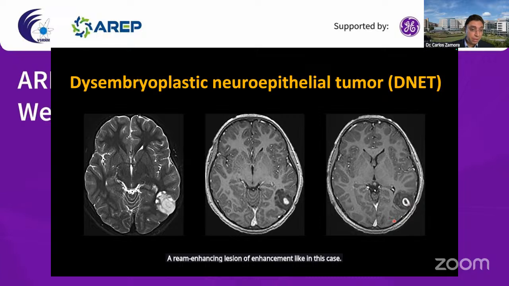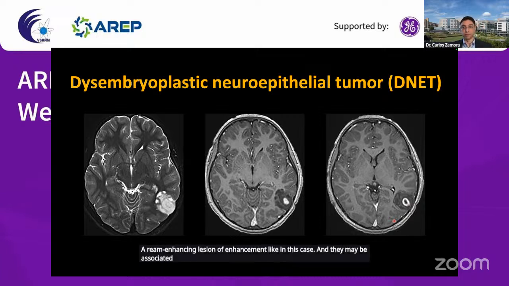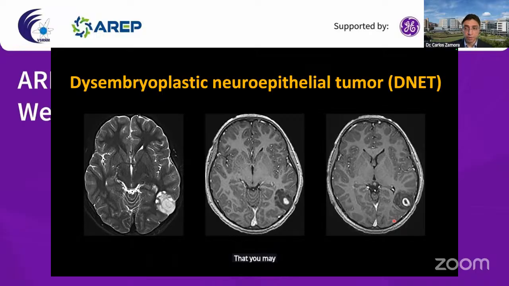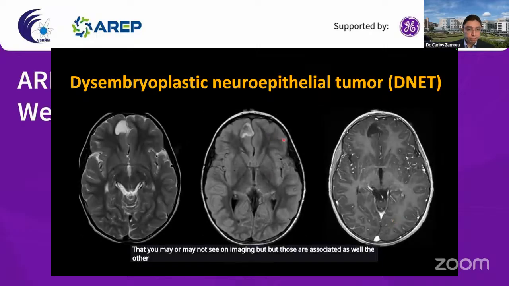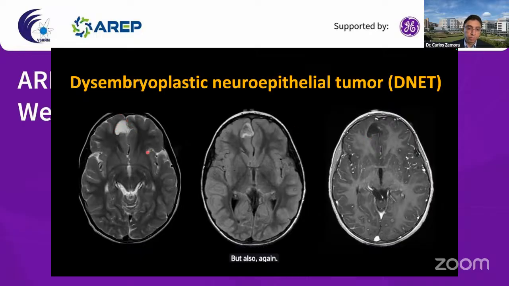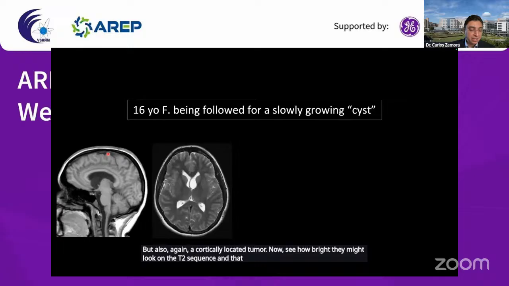And they may be associated with areas of cortical dysplasia that you may or may not see on imaging, but those are associated as well. The other fairly characteristic appearance is somewhat of a triangular shape, but also, again, a cortically located tumor. Now, see how bright they might look on the T2 sequence, and that is important for this other case.